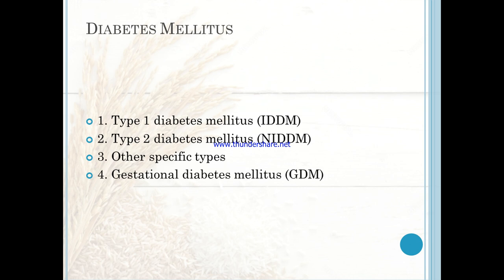Now coming to diabetes mellitus, what is meant by diabetes mellitus? Diabetes mellitus is characterized by hyperglycemia, which occurs due to abnormality of carbohydrate, protein or lipid metabolism, that means fat metabolism. Nowadays diabetes mellitus is increasing in our country as well as in the world in a pandemic manner.